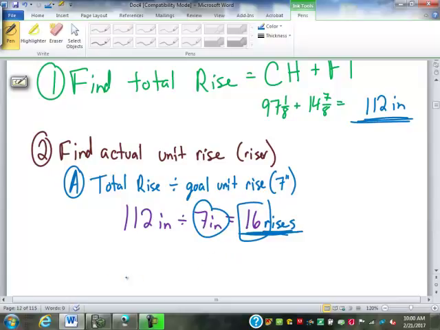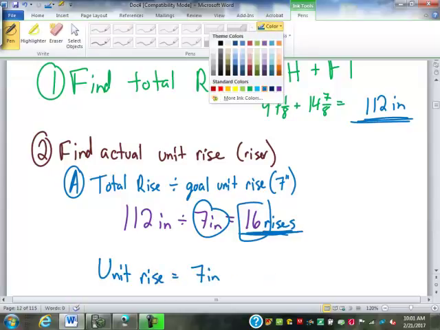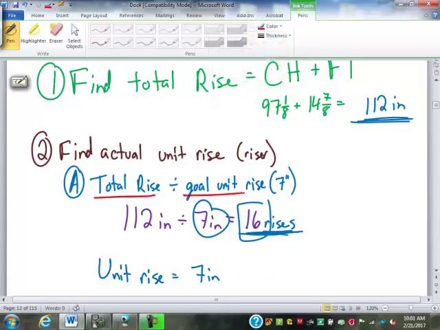Okay? This here, total rise divided by the goal unit rise, gives us the number of rises. So that came out to be exactly 16 rises, so the goal rise of 7 inches actually comes out even. Let's do another example.